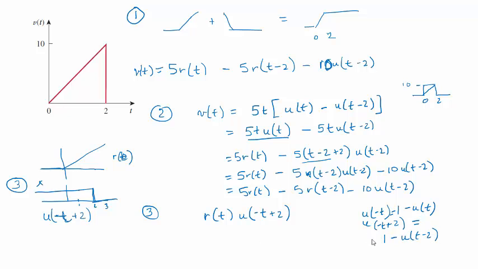We make that substitution over here, and we get v of t equals r of t, and then times 1 minus, oh, I forgot all my amplitudes in here. Everything was a unit here. Should be a 5 out front of everything here. 5.